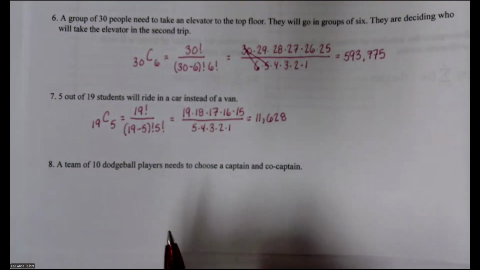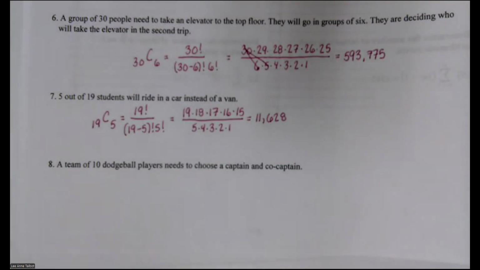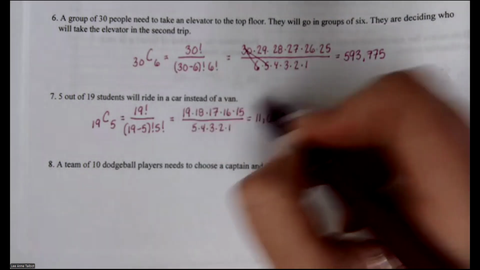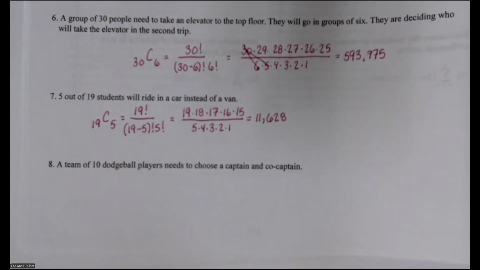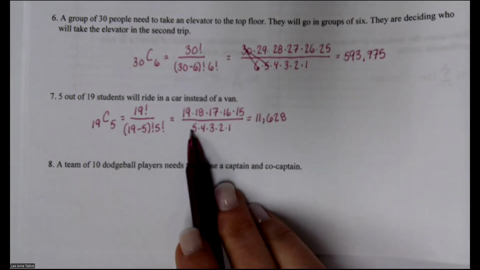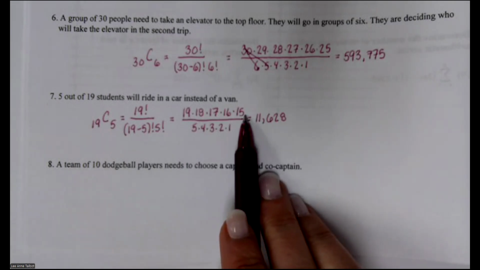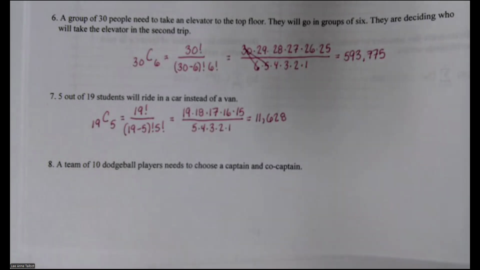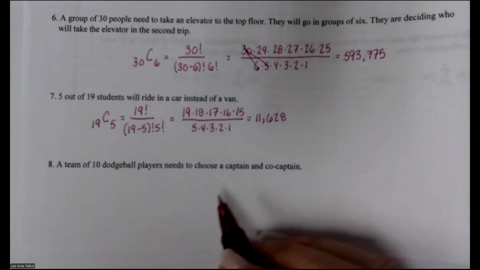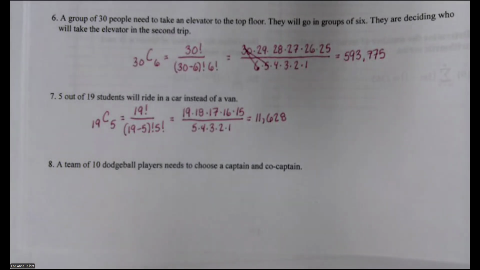Well, this is just how nerdy I am. I just didn't want to cross them out because it wouldn't be pretty anymore, because they would go through the middle of the thing. But you totally can. You can cancel out the 5 and the 3 and the 15. There's probably other stuff you could cancel too. I just wanted it to be beautiful.